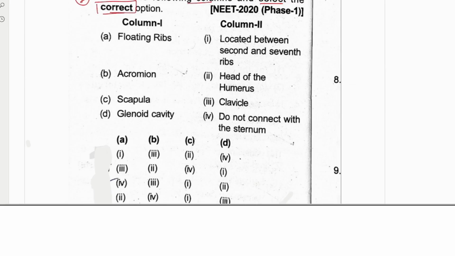We know very well that floating ribs are the last pair of ribs, that is the 11th and 12th pair.